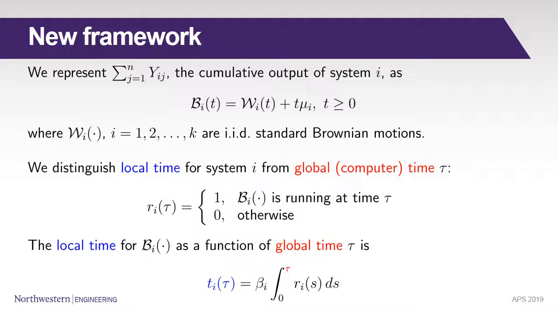Now, these things are connected by the function we call R sub I of tau, which is just an indicator function that's 1 when system I is running on one of the worker processors at time tau, and is 0 otherwise.